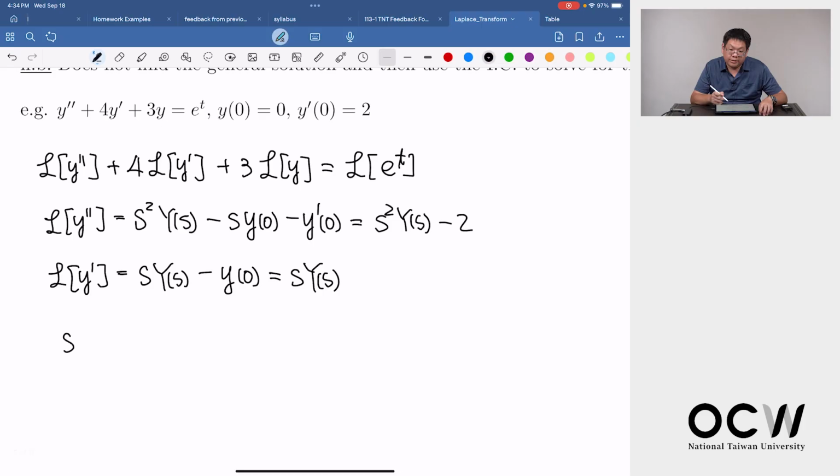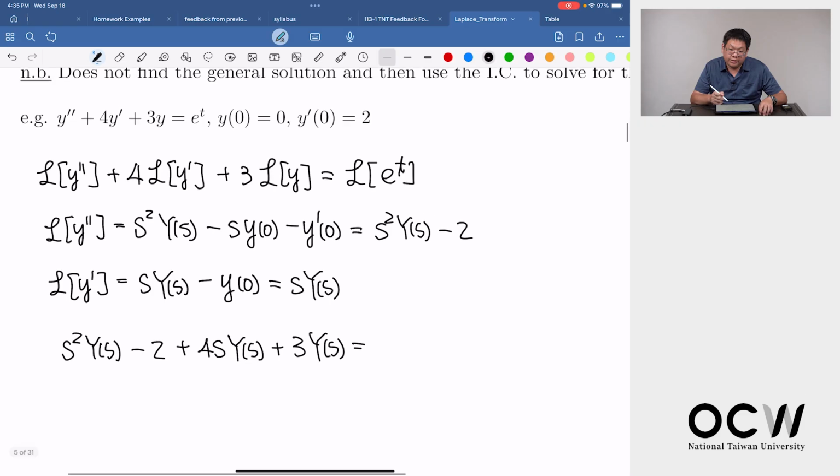We have s squared Y(s) minus 2 plus 4s Y(s) plus 3 times Y(s). The right-hand side, e to the t, is 1 divided by s minus 1.